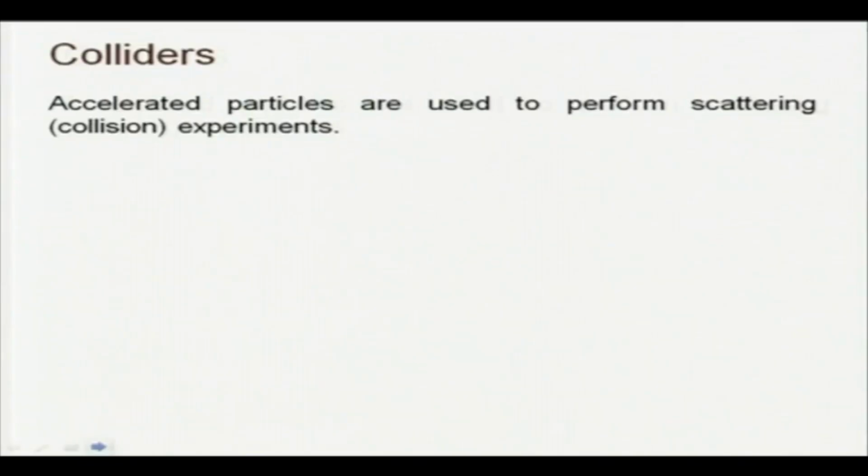From the scattering experiments, we can infer what is going on at the microscopic level when these particles interact with each other. So, that is the idea. We have to use these accelerated particles in scattering experiments.